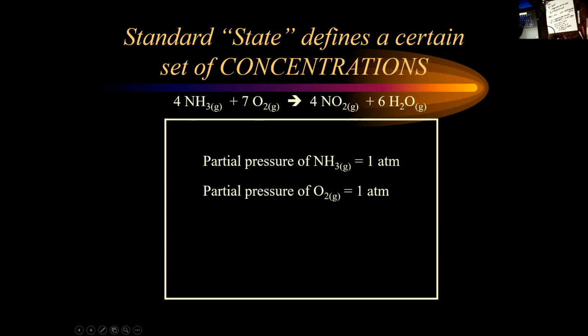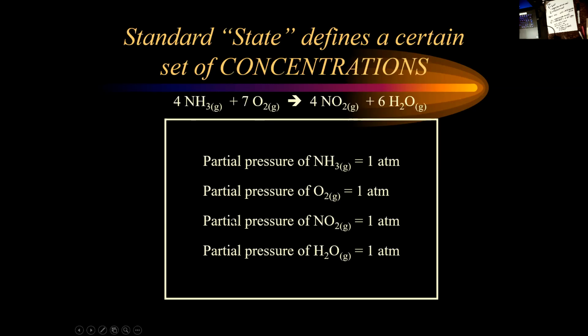Everything's at 1 atmosphere pressure, right? Not 1 atmosphere lab pressure. That is the mistake almost every single book I've ever seen makes. Very few of them, if any, ever tell you. They will tell you that the standard heat of formation is for 1 atmosphere pressure. They make it sound like it's 1 atmosphere pressure in the lab. It's not. It's 1 atmosphere pressure of everything gaseous in that reaction.